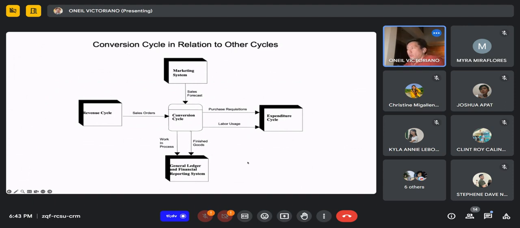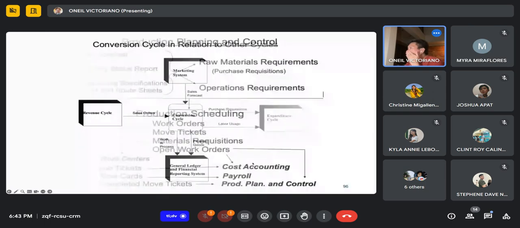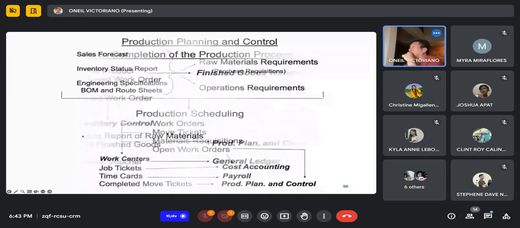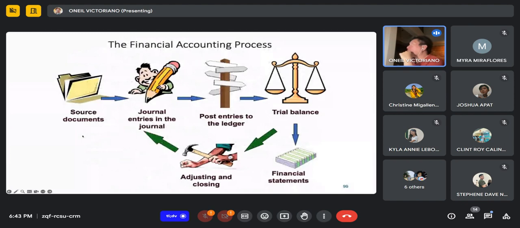So it connects to the revenue or expenditure and marketing for the conversion cycle. In financial accounting, or the financial cycle, it does all source documents, journal entries that are not part of the transaction, posting, trial balance, financial statements, and adjusting.